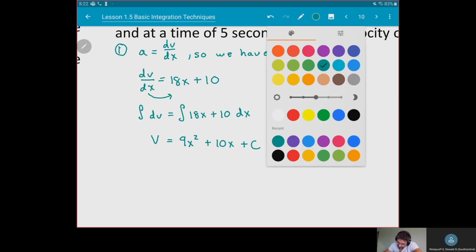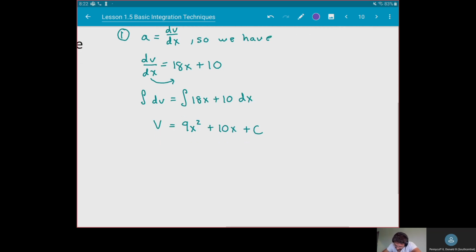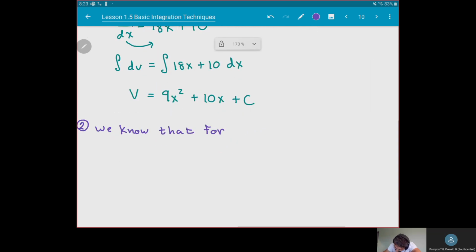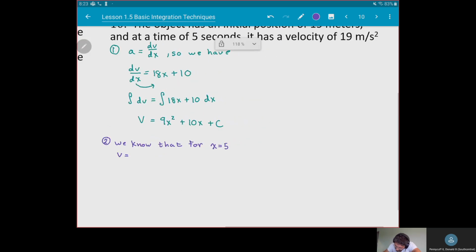Now I do need to find that plus c. So we know that for x equals 5, v equals 19.